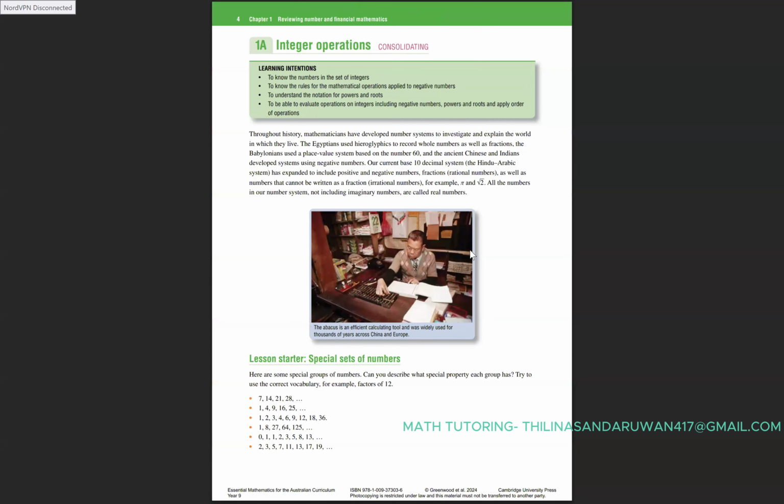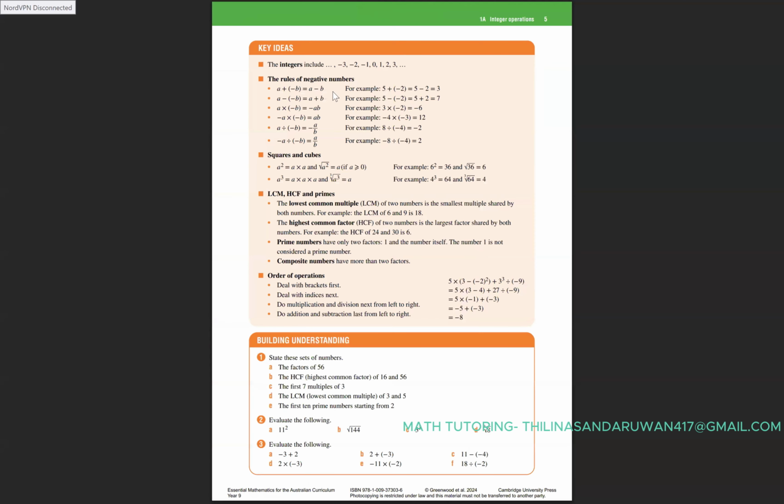I should tell you, you must know these key ideas, otherwise you will not be able to complete these exercises, because you can do all these exercises if you get the idea of these key ideas, right?